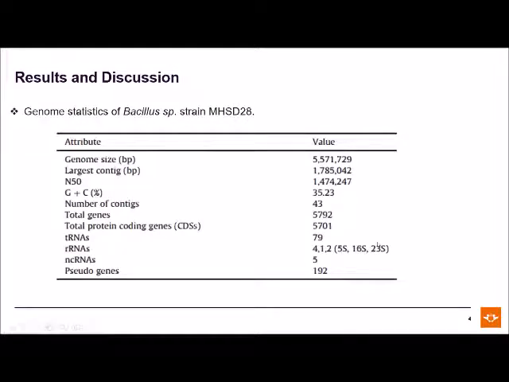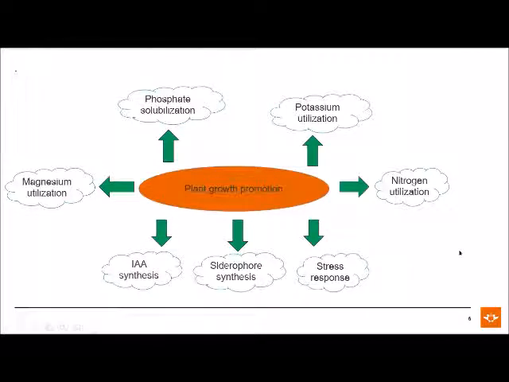The resultant draft genome of the strain MHSD28 has 5.5 million base pairs with a GC content of 35.23, which falls within the range of Bacillus cereus and Bacillus related species. And the strain MHSD28 has a total of 572 genes, shown in the table on the previous slide.